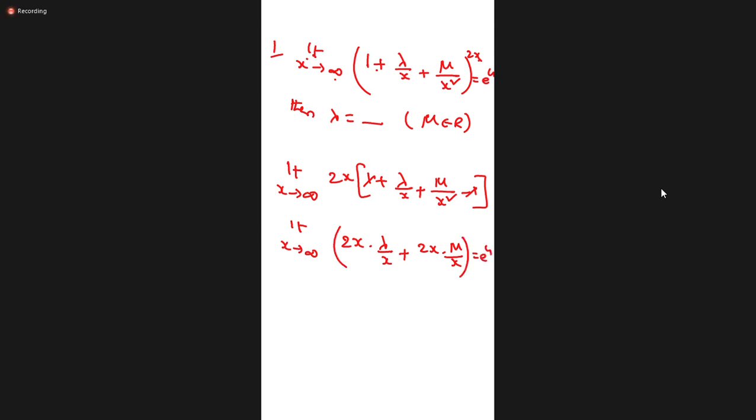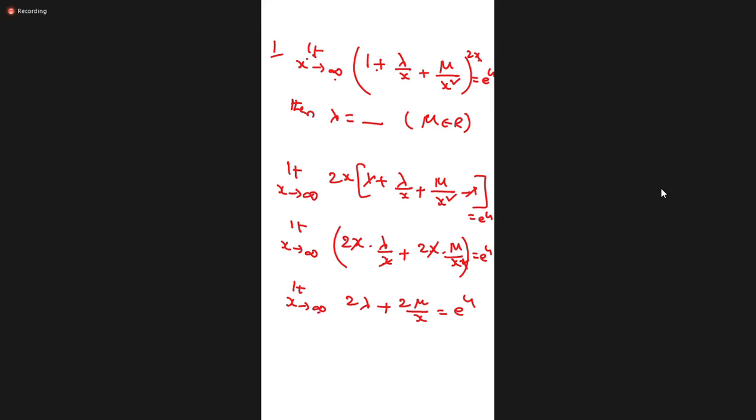No change in the right side part. Here x x cancel. So finally what you get is 2 lambda plus 2 mu by x is equal to e power 4.